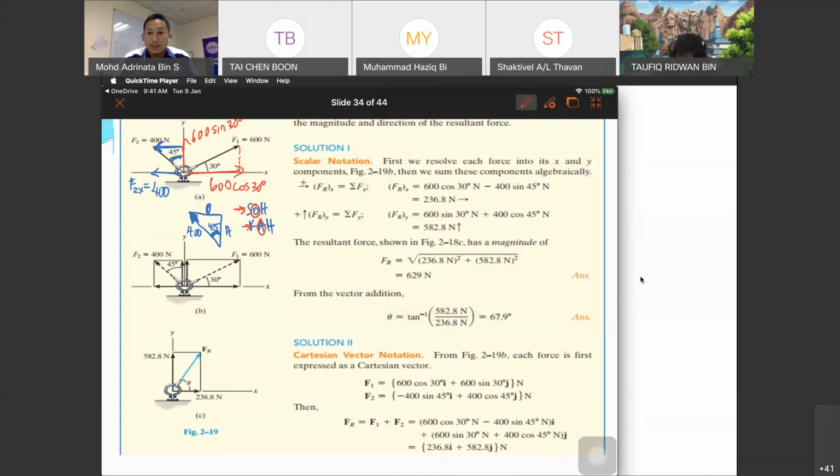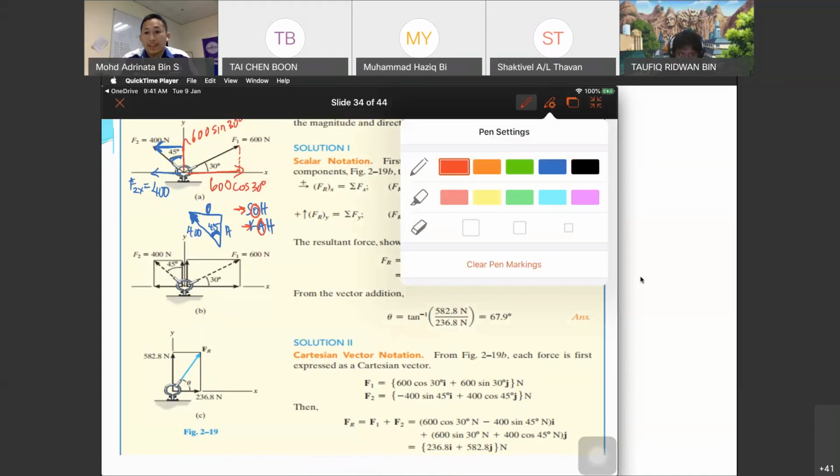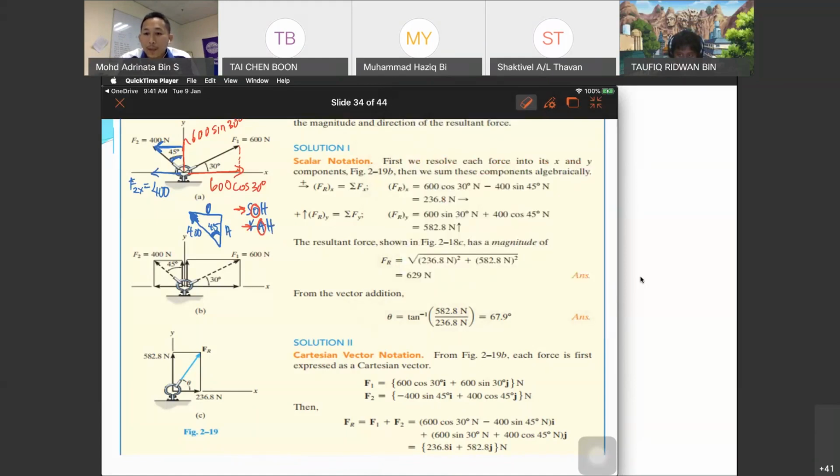Okay. So remember that, because this is just a tricky question. It is not tricky. It's just to evaluate your understanding on separating or breaking our force.